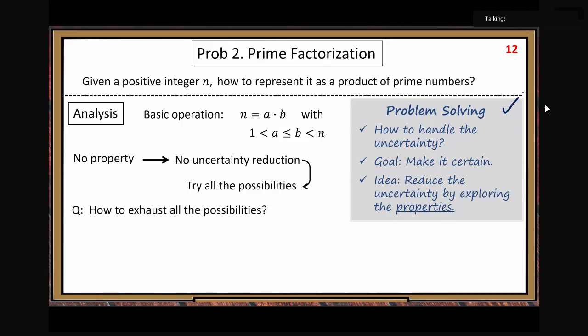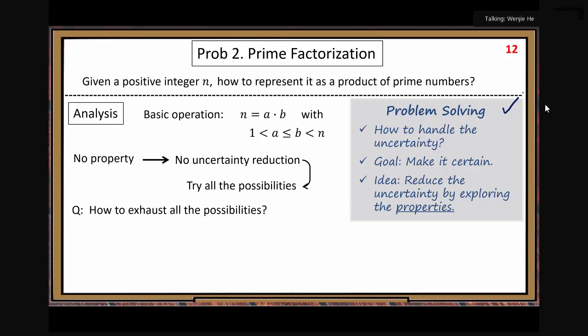But at this point, we do not have any special property. Later, we can discover some. But at this point, we couldn't. If not, we have to exhaust all the possibilities.